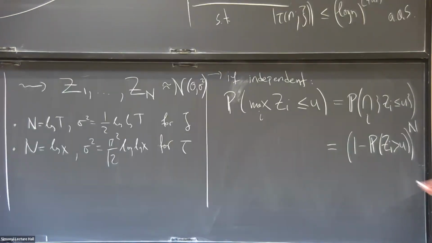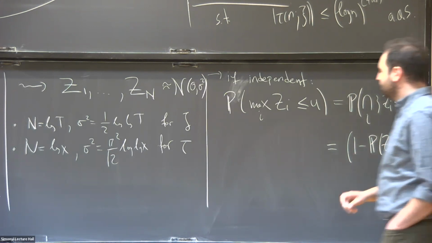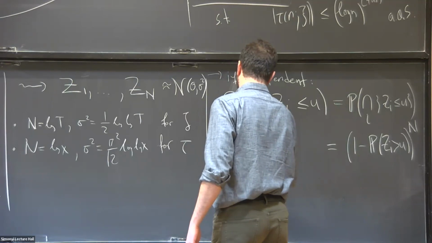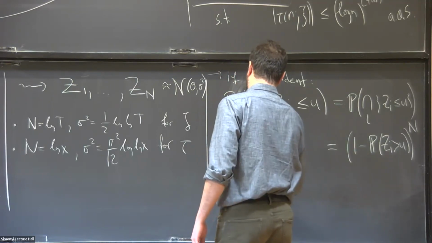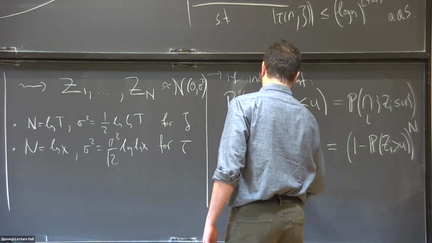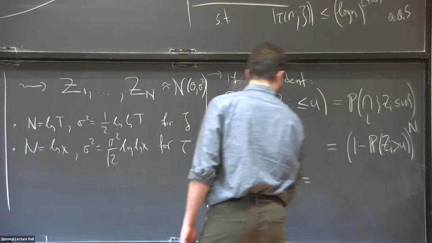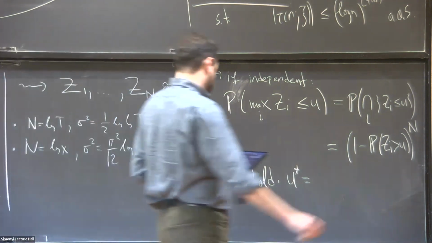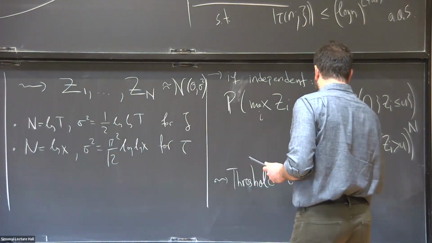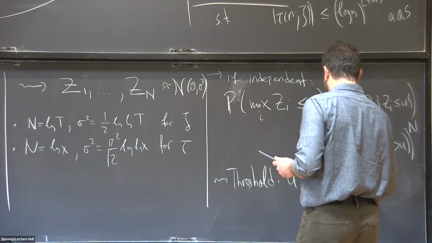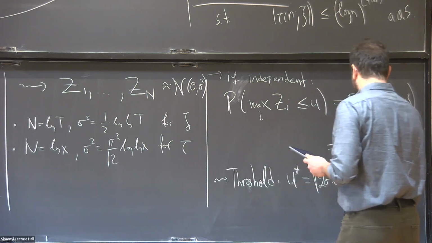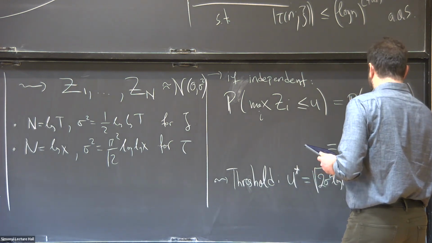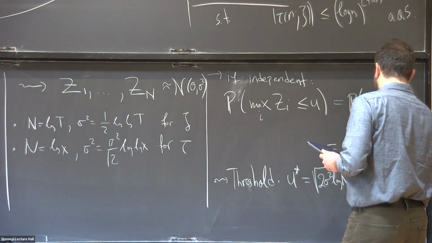And if you do a little bit of asymptotic analysis on this quantity, then you end up seeing that the threshold value is u star equal to square root of 2 sigma squared log n times 1 minus log log n over 4 log n.